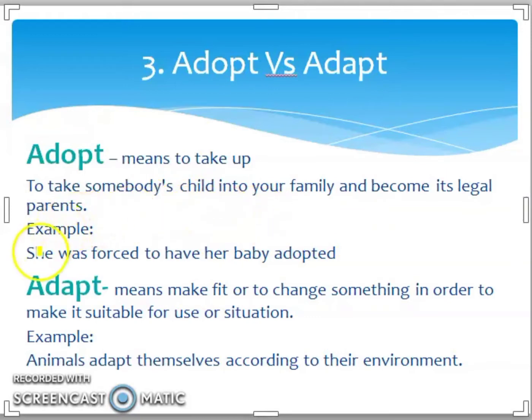Alright? The second word is adapt, which means to make fit or to change something in order to make it suitable for use or for a situation. For example, animals adapt themselves according to their environment. Yeah, this is true. You might have personally witnessed it that some animals adapt themselves according to their environment.